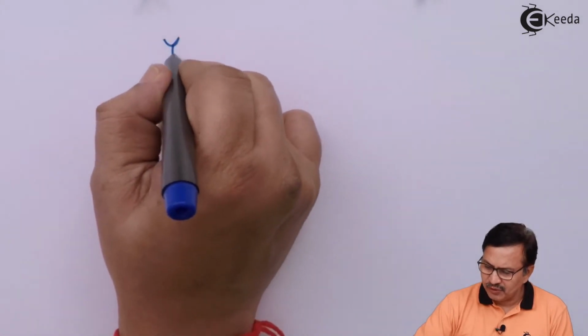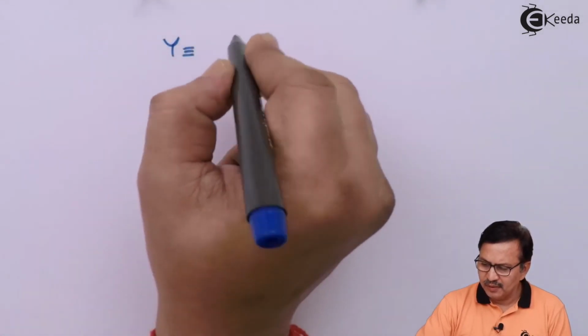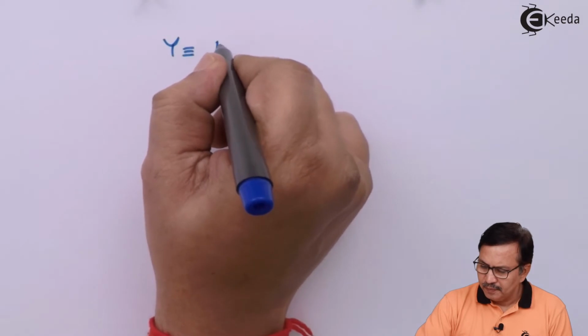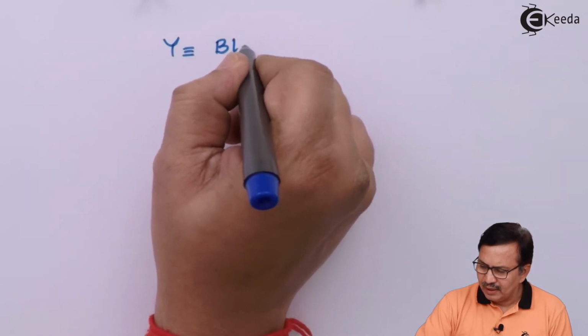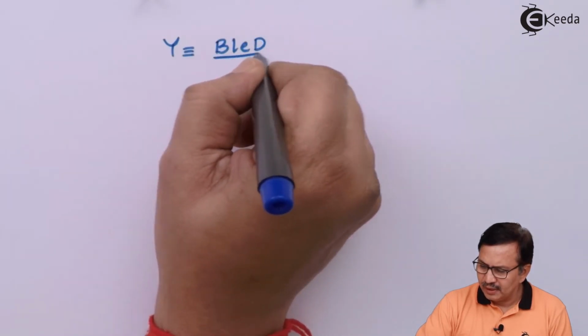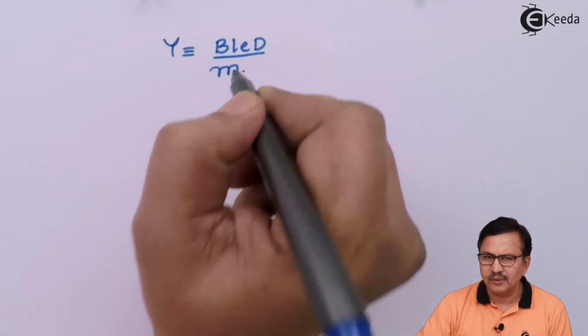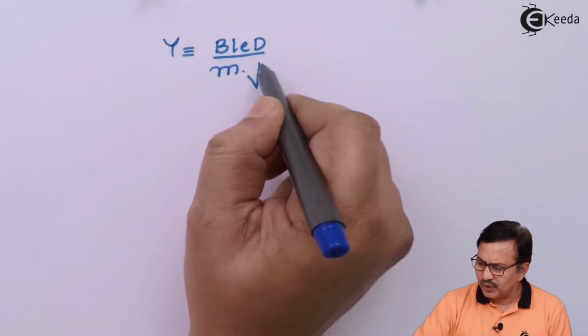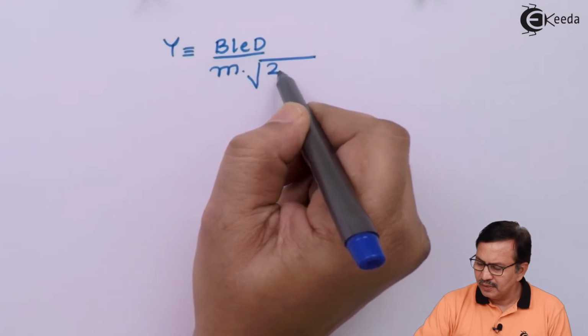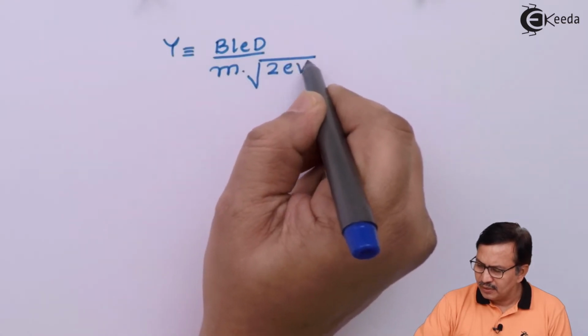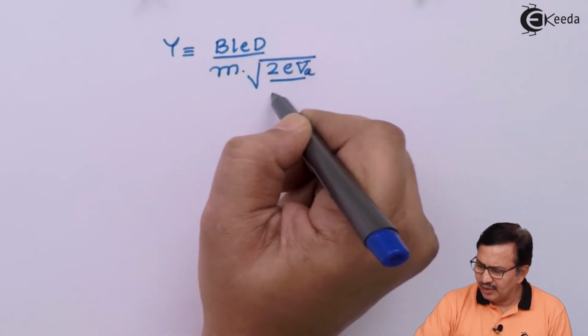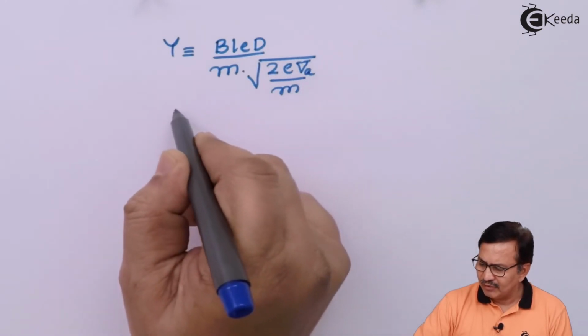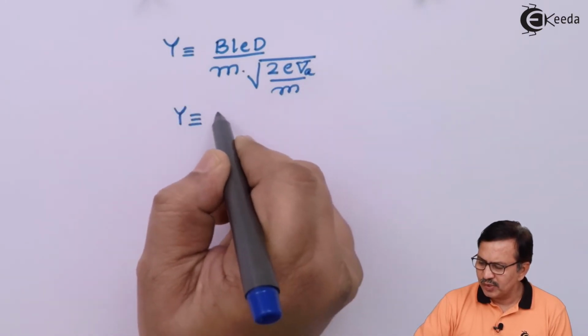So the expression for y is equal to B L e d divided by m into square root of 2 into e into VA upon m.